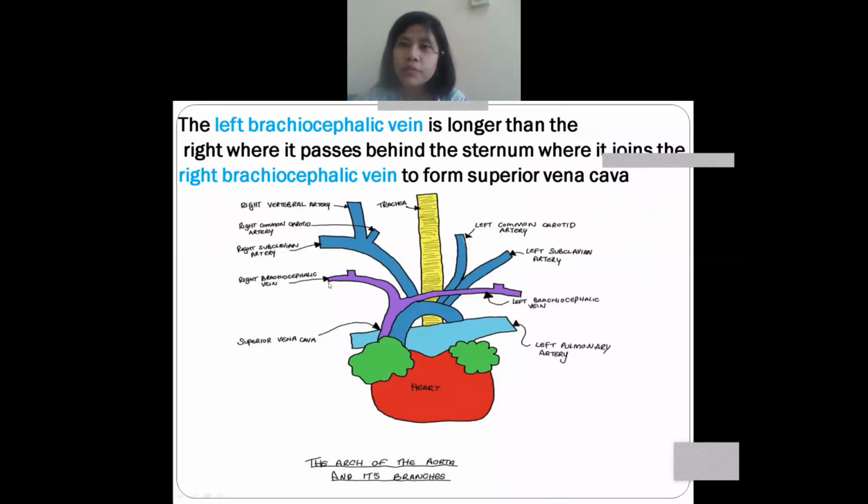The left is longer than the right, and it passes behind the sternum. You know where the sternum is? It lies in your chest area, where your rib cage meets. That place is known as the sternum.